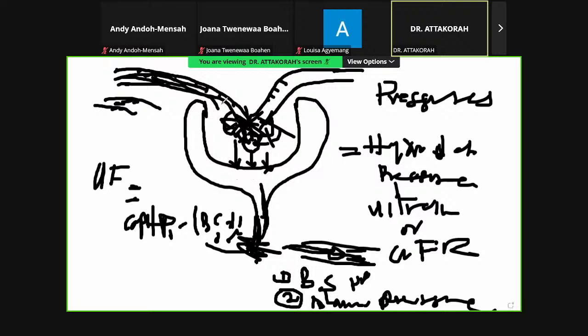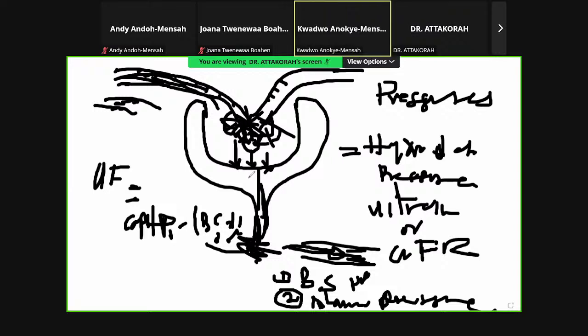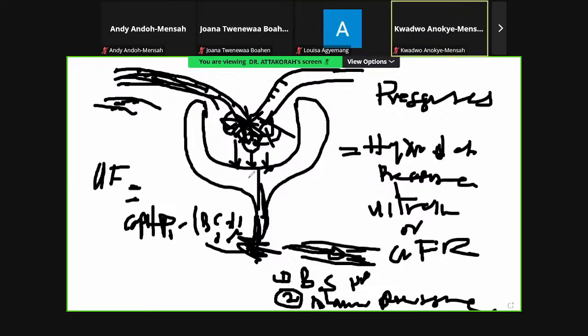So this should be greater than the two, such that the resultant pressure will push and give us the ultrafiltration within the Bowman capsules. Please, is it clear? Is it clear to everybody?